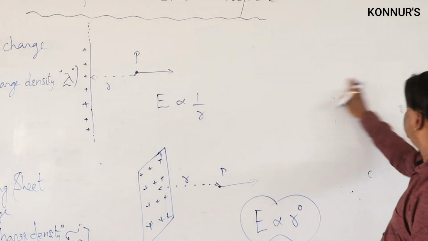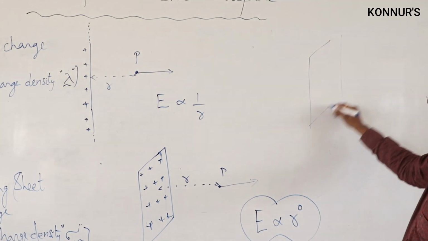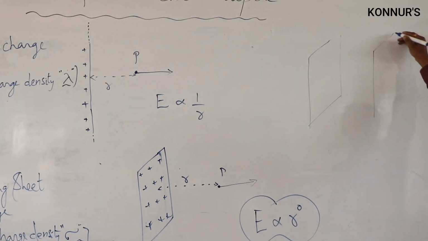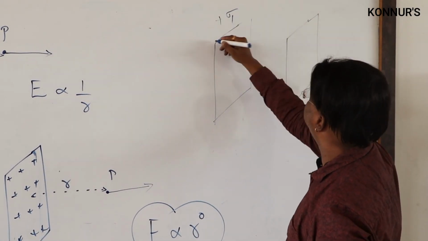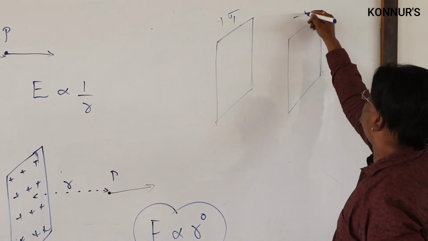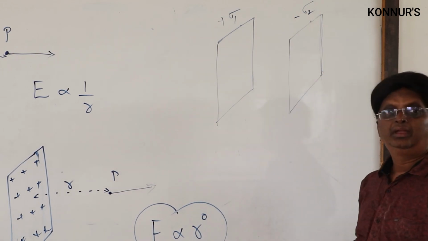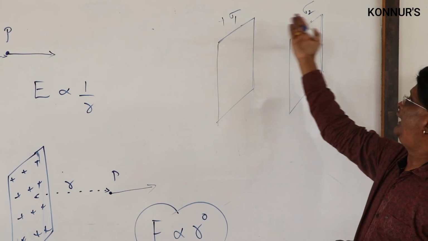Supposing I have a case where there are two sheets, both charged such that this one is plus sigma 1, positively charged, and this one, supposing I give minus sigma 2, a negatively charged sheet. Here I have shown unlike charges.